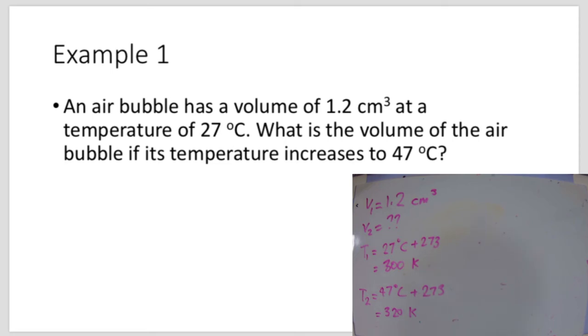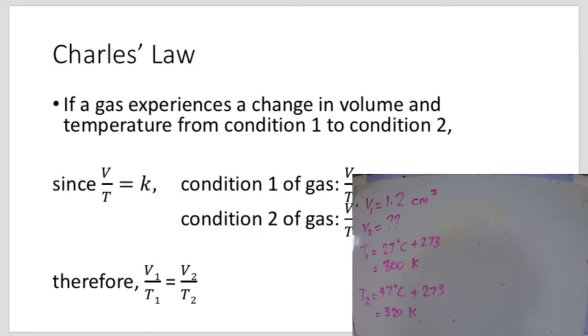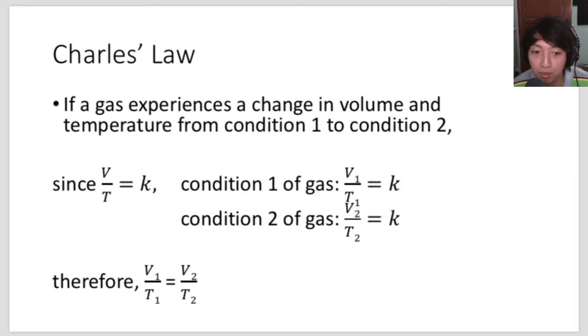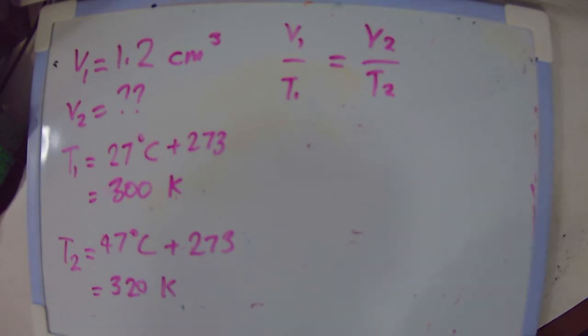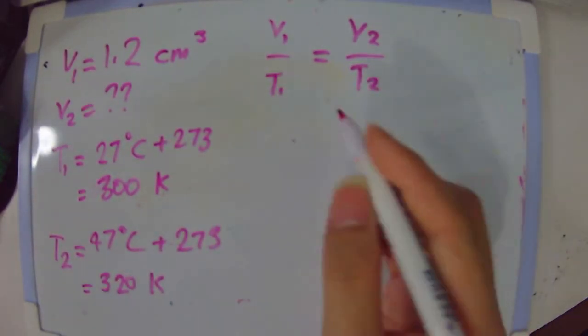Now, let's take a look at which formula we're going to use. So we'll write down the formula as well. V1 over T1 equals V2 over T2. You can also follow along.